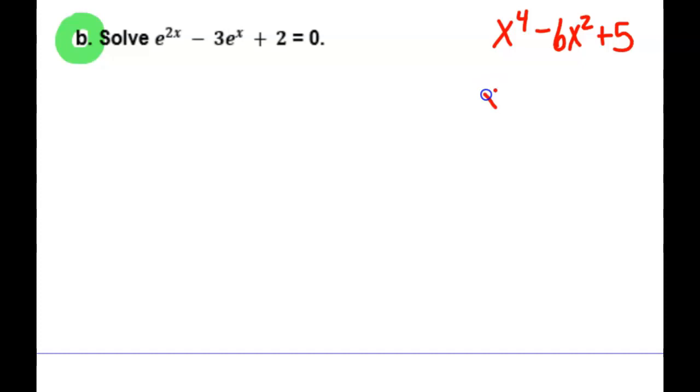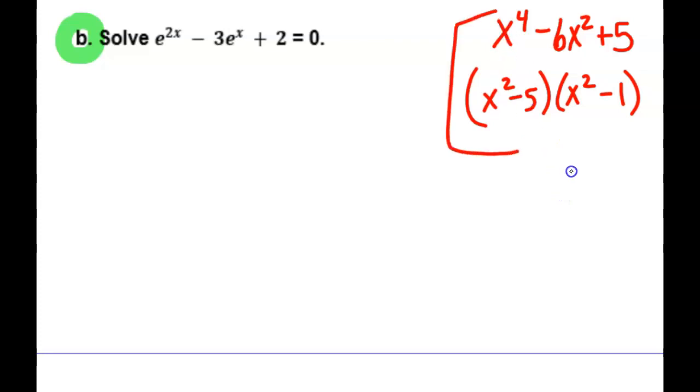Does that work? It would factor x squared minus 5 and x squared minus 1 to get a negative 6 in the middle. I was trying to make one up on the fly there. Does that work? Okay, so this was very uncomfortable, yes, but we eventually, I hope, kind of got that down.